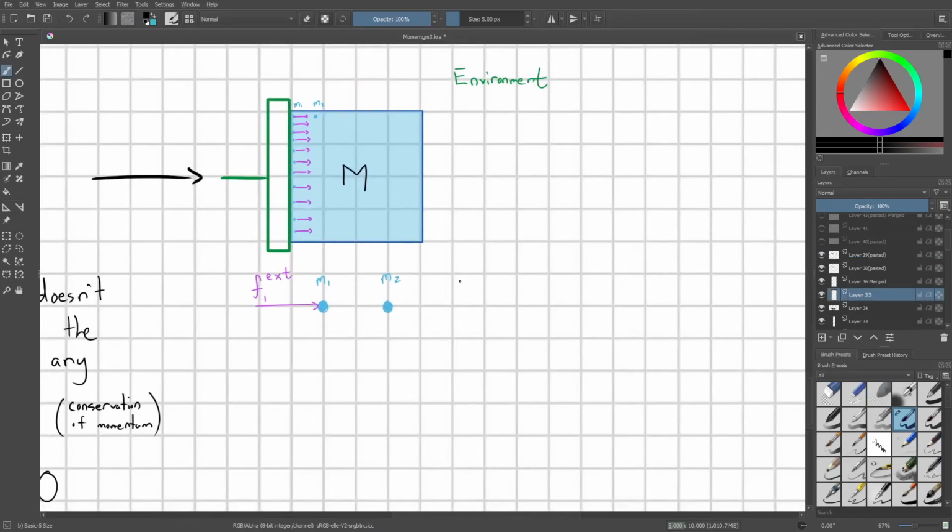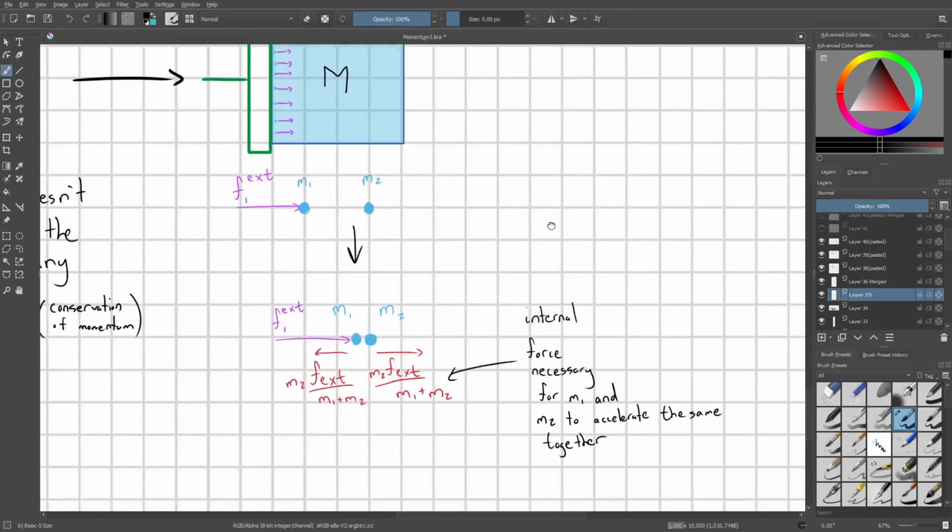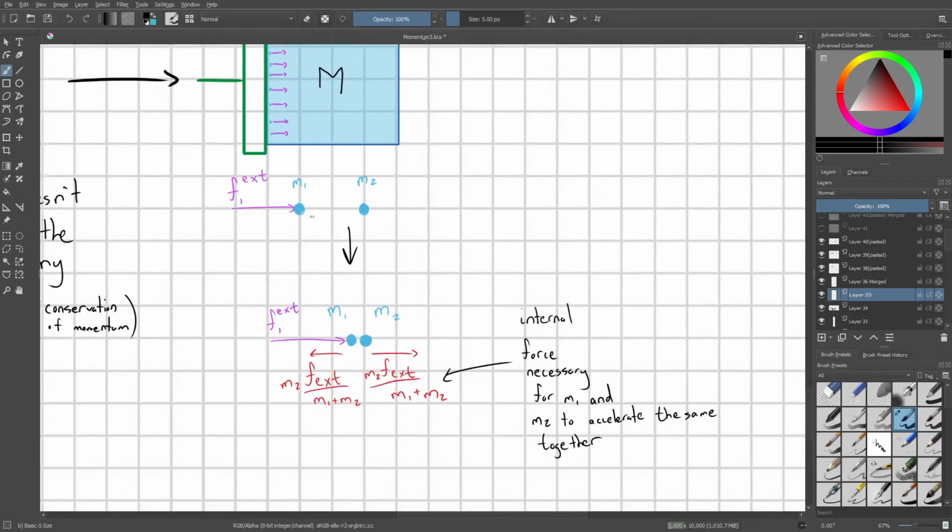Then I zoomed in on this row up here. This is a bit of a simplification, but what we can imagine happening is that these particles get pushed together, and internal forces are responsible for pushing M2 and slowing down M1.